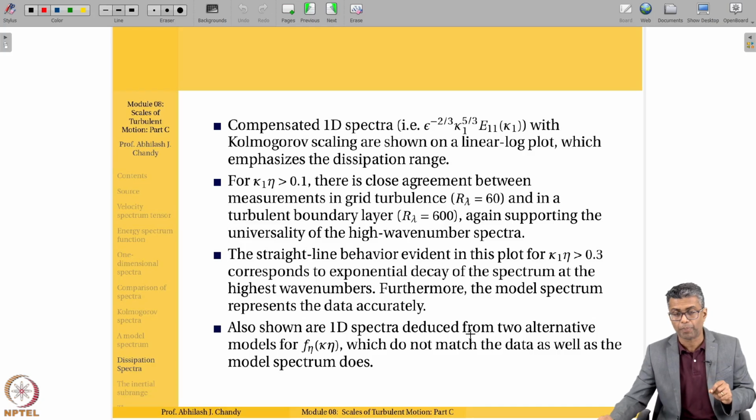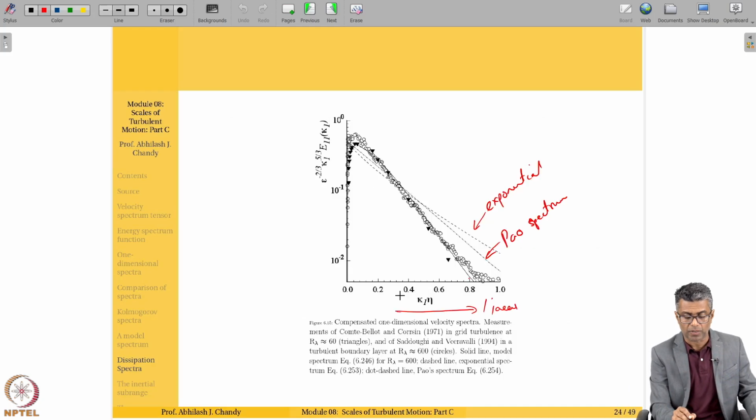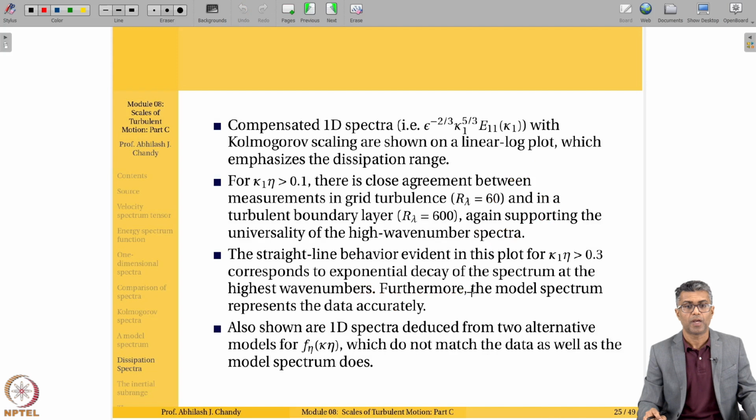You will see that for kappa 1 eta greater than 0.1, there is close agreement between the model spectra and the experimental data set for both Reynolds numbers. That's the interesting thing. For both R lambda equal to 60 and R lambda equal to 600, 10 times that Reynolds number, you still see the universality of the high wave number spectra.